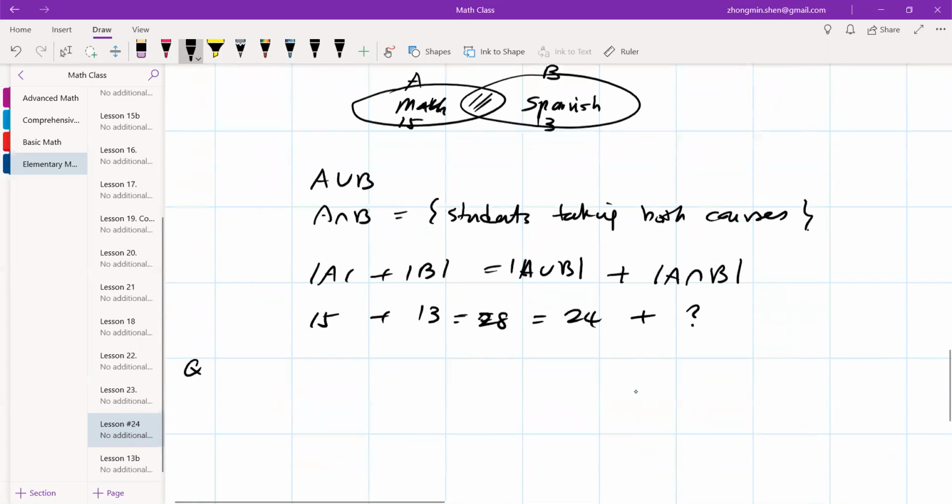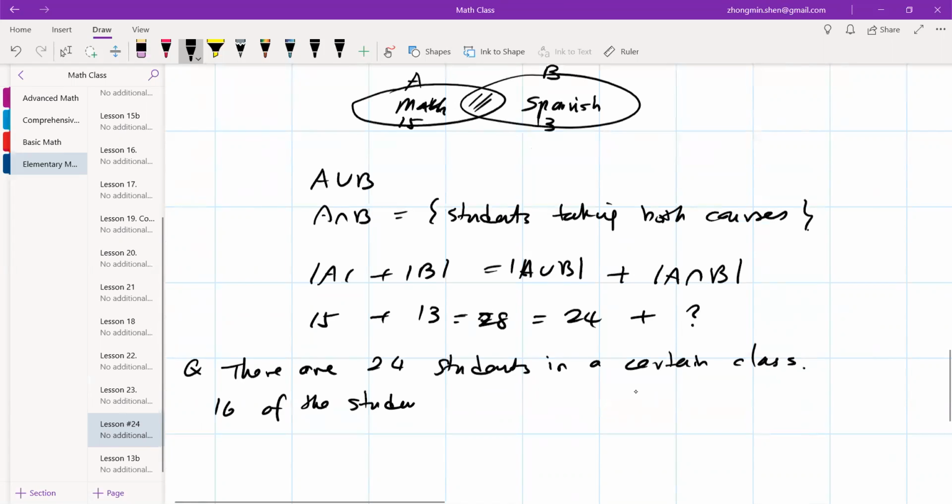Here's another question, slightly different. There are 24 students in a certain class. 16 of the students have a sister, and 18 students have a brother.